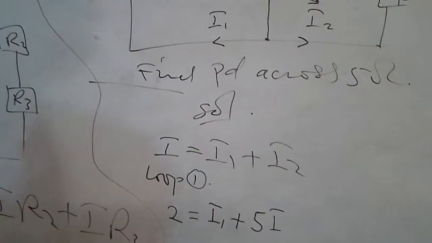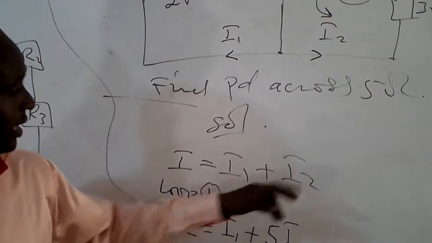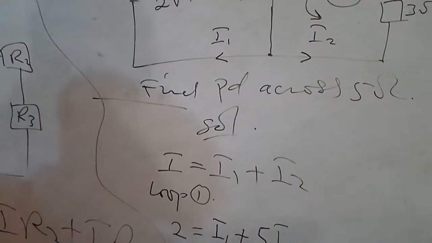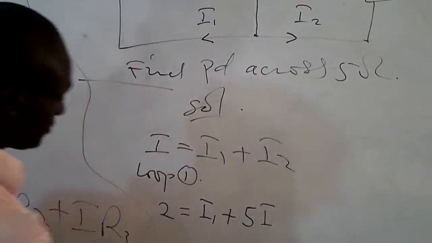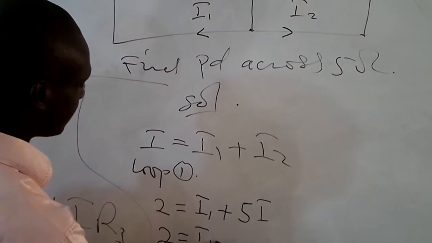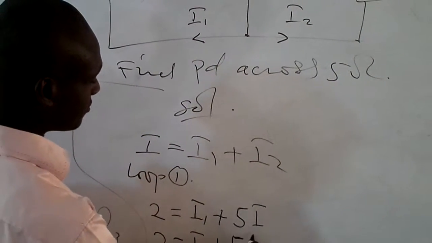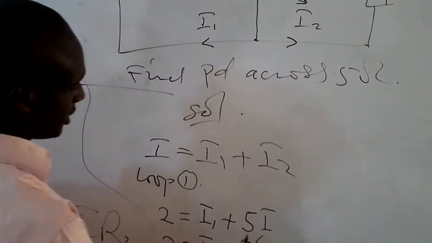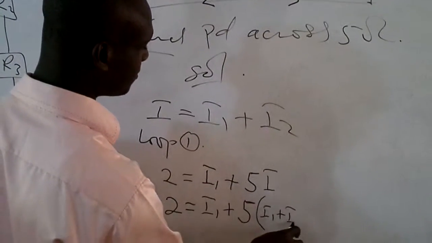But we have I equal to I1 plus I2. So in place of I, I'm going to put I1 plus I2 there. Then we have 2 equal to I1 plus 5 times (I1 plus I2).